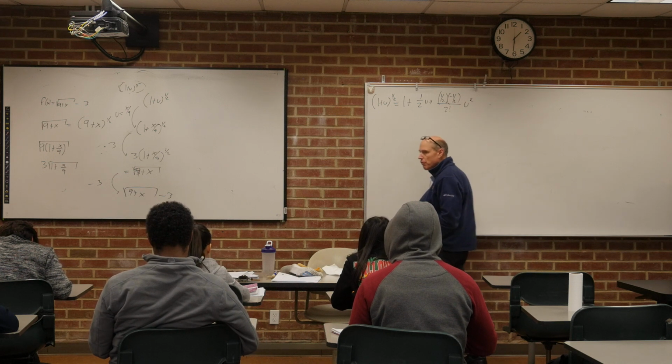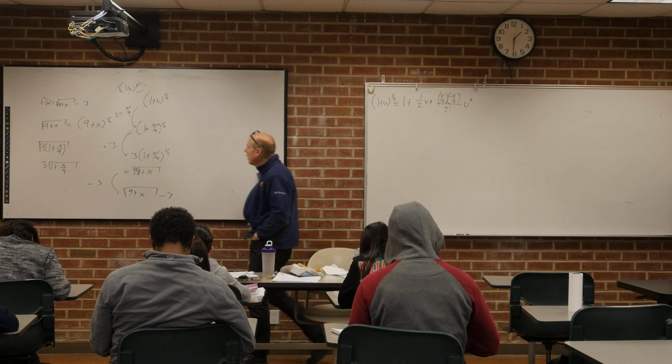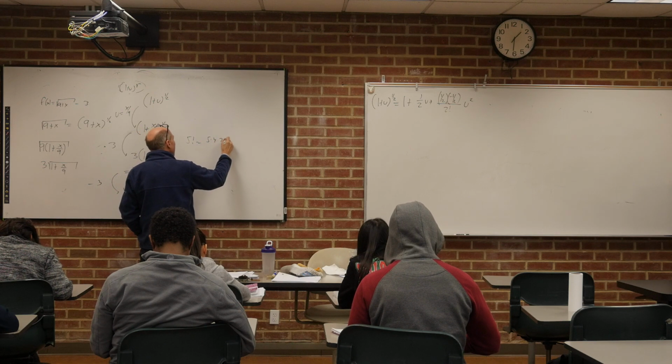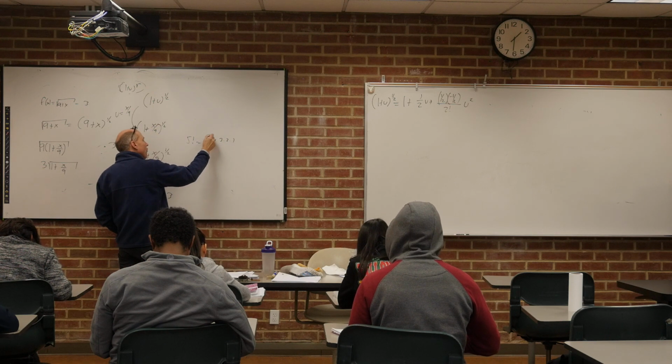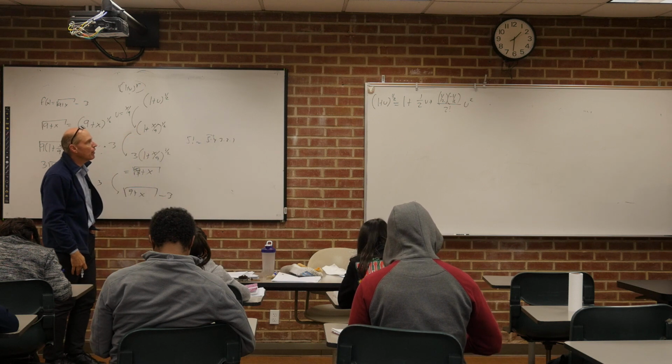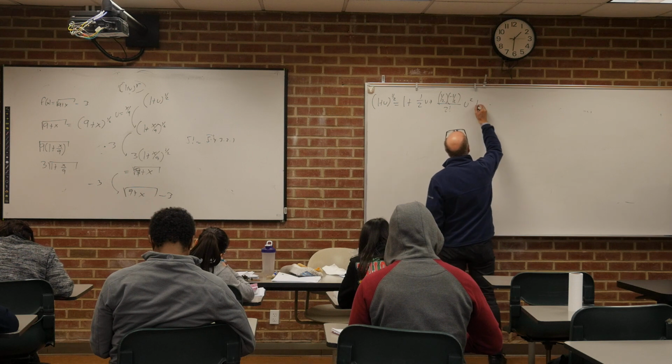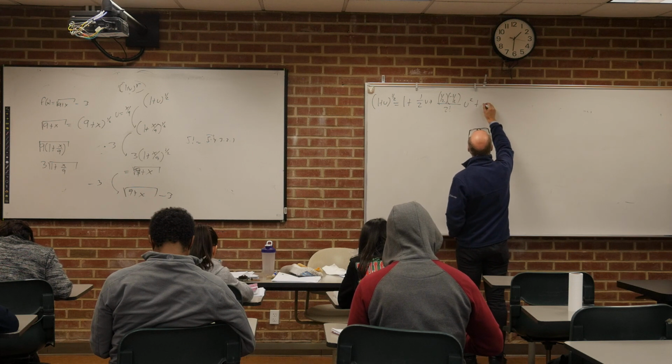Okay, think about this like a start of a factorial. If I want to do 5 factorial, I can start at 5 and go down by 1 for each factor. So this one I start at a half, go down by 1, and stop at 2.